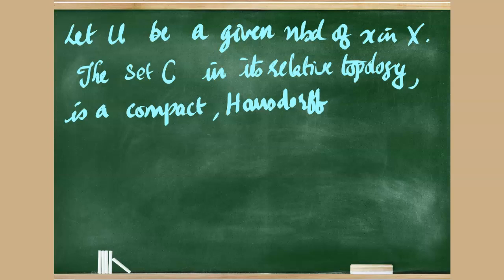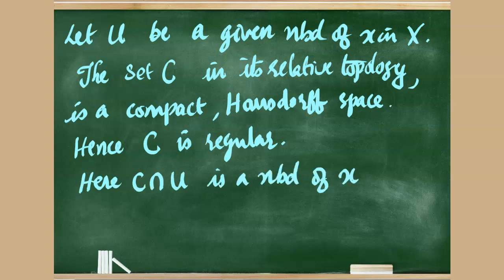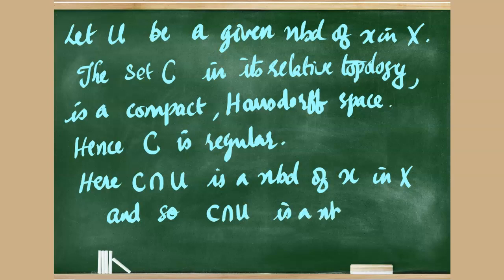Thus, the subspace C is a compact Hausdorff space, hence C is regular. Now we have two neighborhoods C and U. So C intersection U is a neighborhood of the point small x in the space X. And so C intersection U is a neighborhood of the point in the subspace C also.